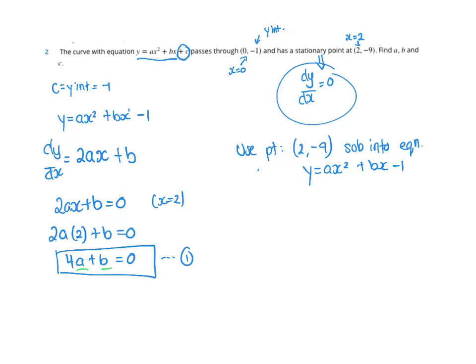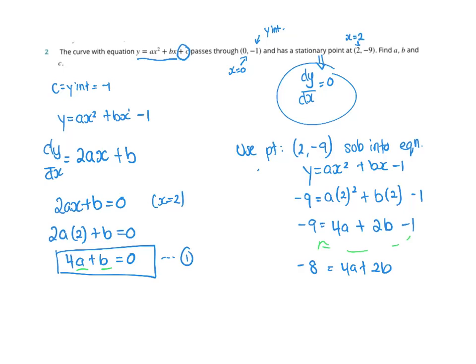So everywhere I see y, I put -9, and everywhere I see x, I put 2. If you do that, you'll end up with another equation that just has a and b as your unknowns. That will become -8 equals 4a plus 2b. So now you have a second equation.